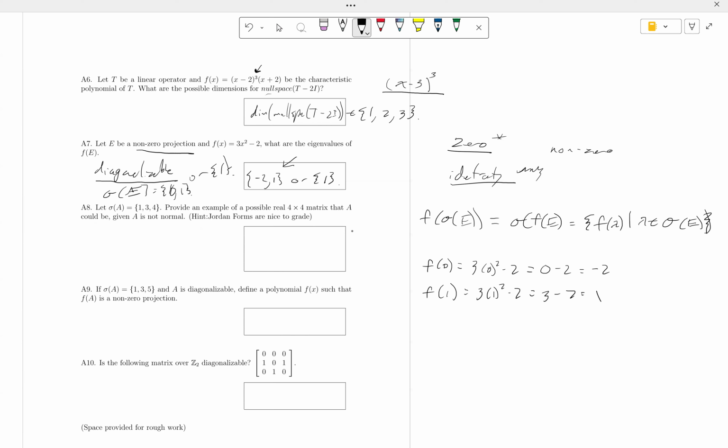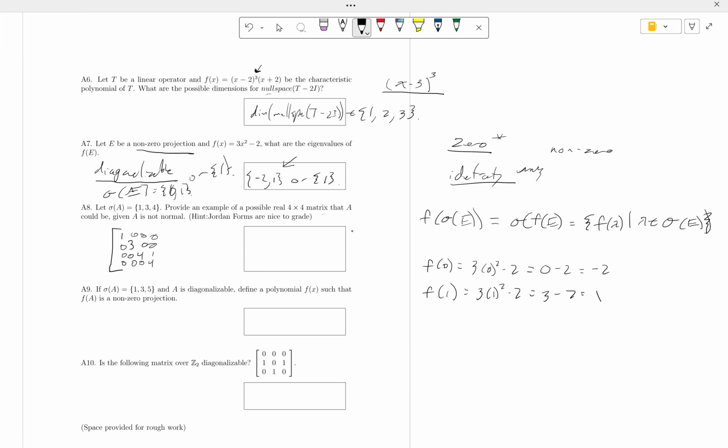Now, in number 8, we look at an example of a possible 4x4 matrix with this expression given that it's not normal. Now, because it's not normal, that means it doesn't commute with its adjoint. It doesn't have that it's not diagonalizable. So with that, what we're looking for is one Jordan block. 1, 3, 4, 1, 4 is a fine example.